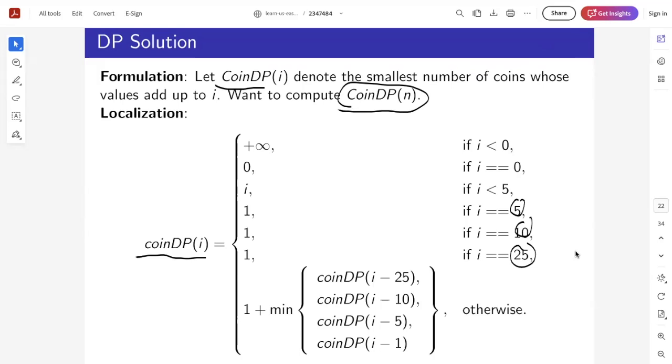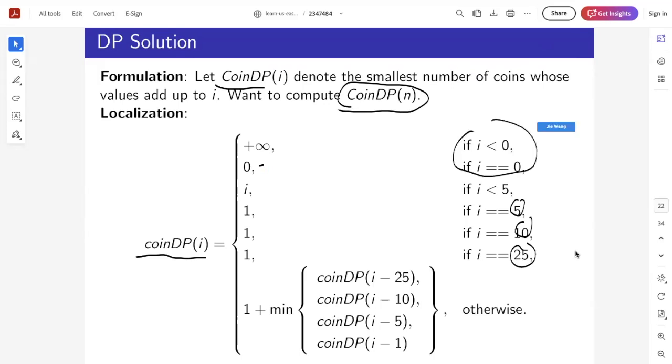So when it's impossible, we're going to just say this is very big, because we want to minimize it, so we want to make sure this is very large, you cannot minimize. If I is equal to 0, obviously there is no change, so the number of coins is 0.